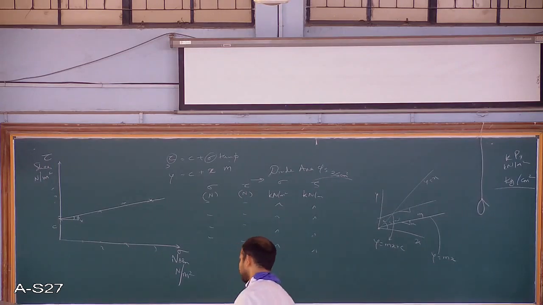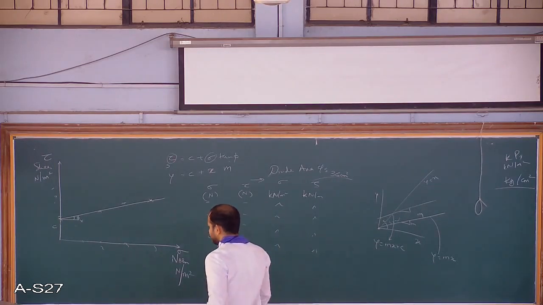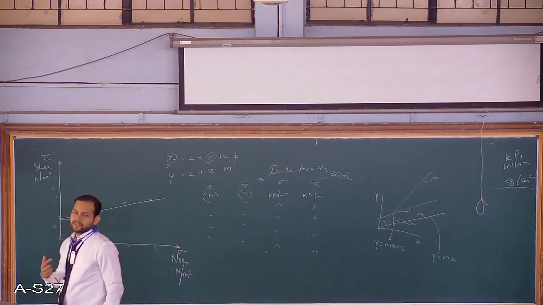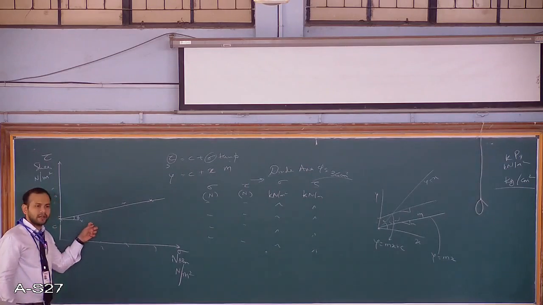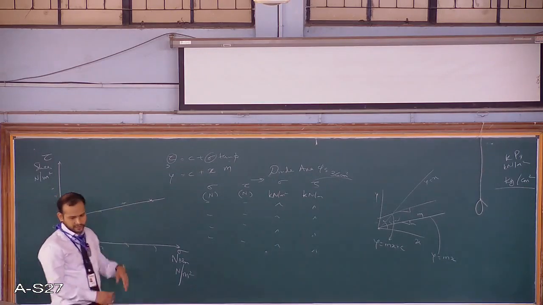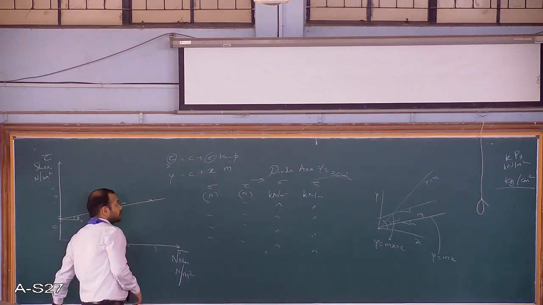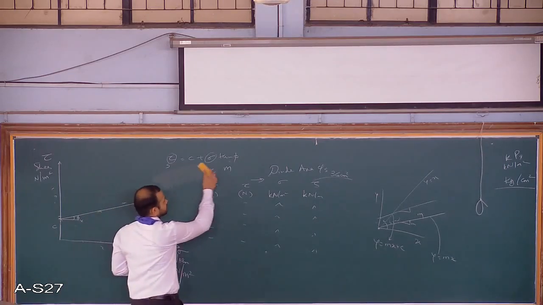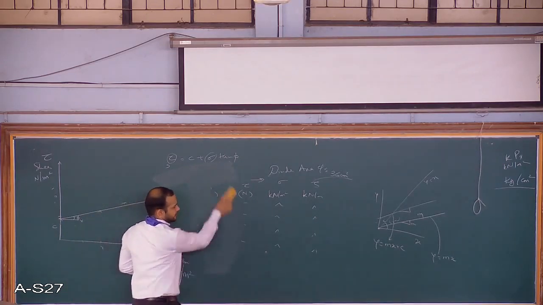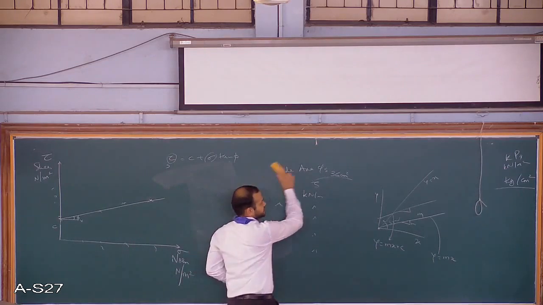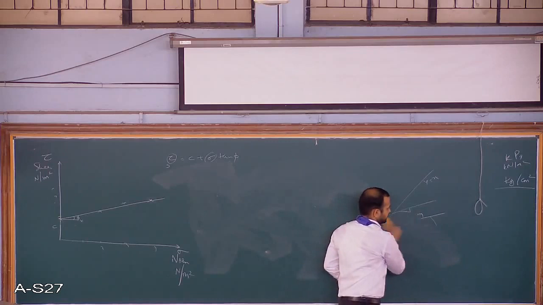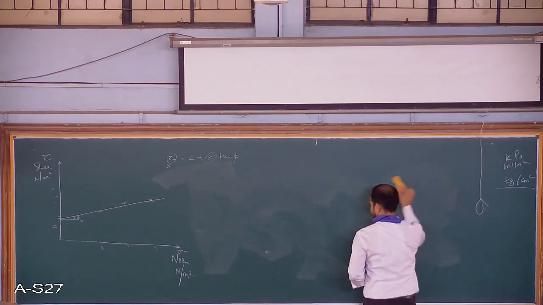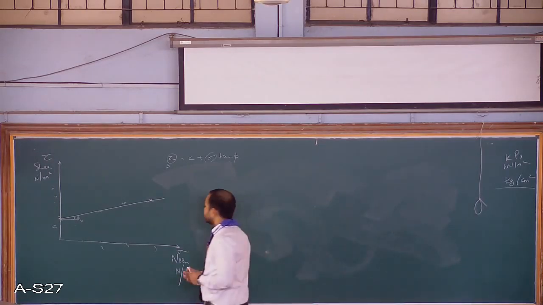Now I'll try to explain to you when it is sand, when it is C-phi soil, when it is purely clay. Now look at this graph, this equation. It has both C and phi. So this is a C-phi soil. It is neither pure sand nor a clay.